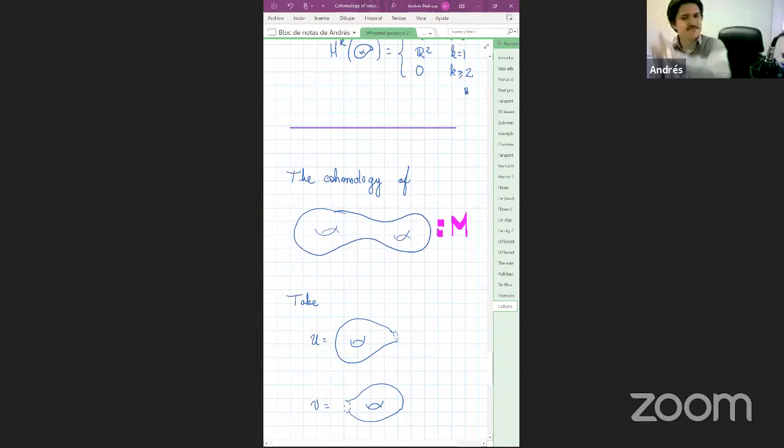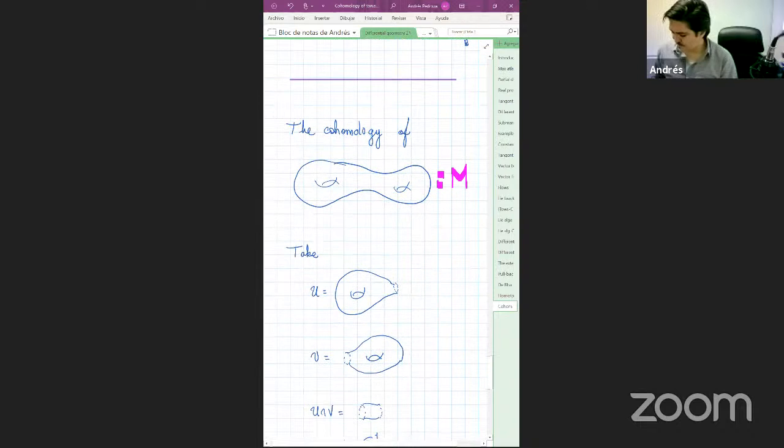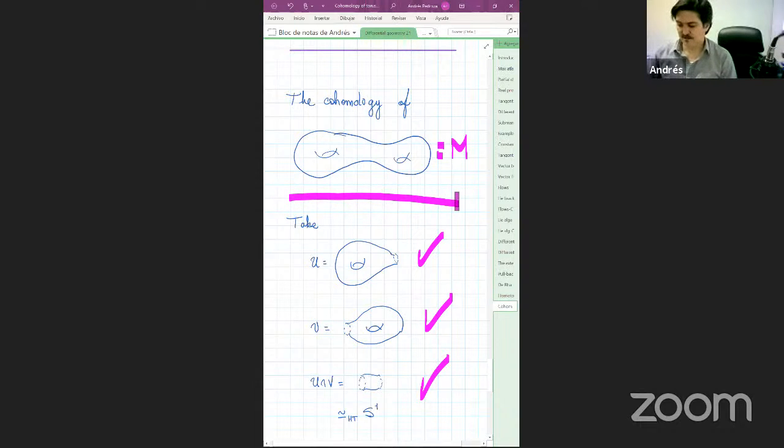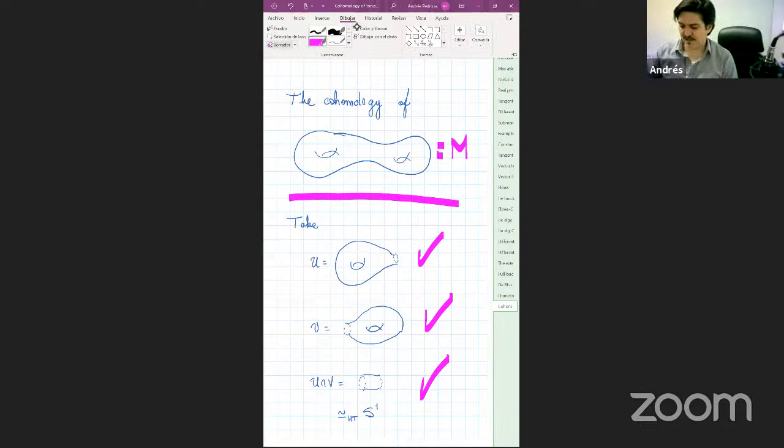For V, the other part, U and V have to be a cover of M. That means that the intersection is a cylinder. And we know that the homotopy type of the cylinder is the circle. So again, we know the cohomology of these three spaces, and that will help us to compute the cohomology of the ambient manifold M.